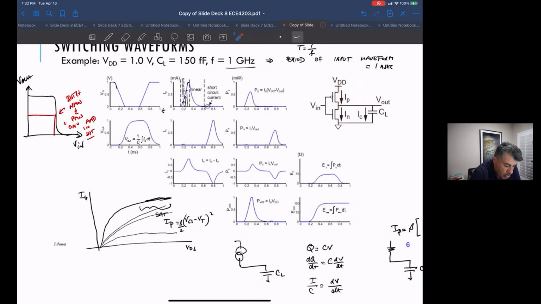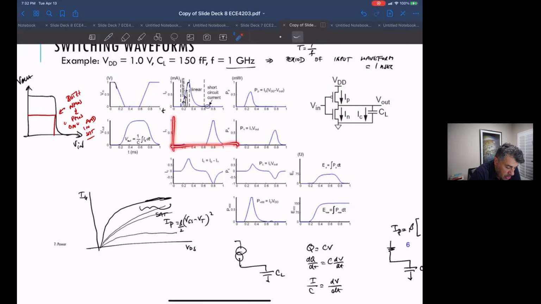So this is the so-called short circuit current when both the NMOS and the PMOS are on. Okay, so the PMOS has this little bump of current here when you're at this point. And that's your whole 1 nanosecond cycle for just the PMOS.